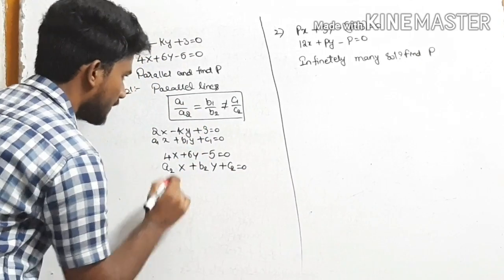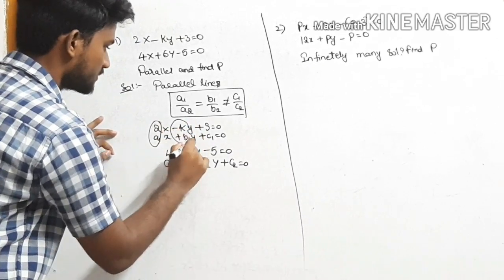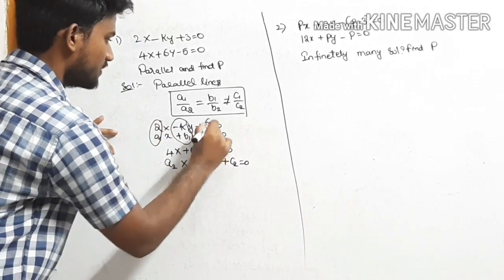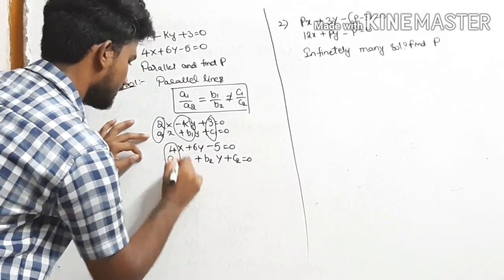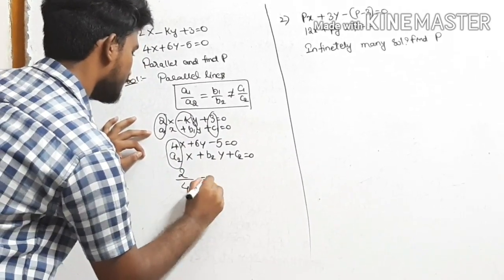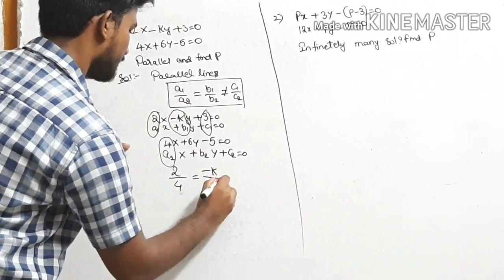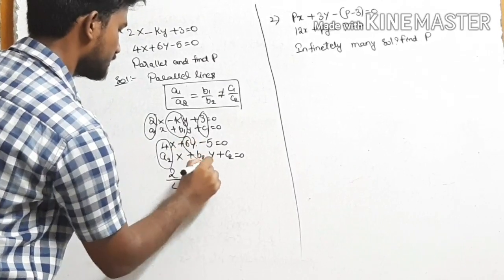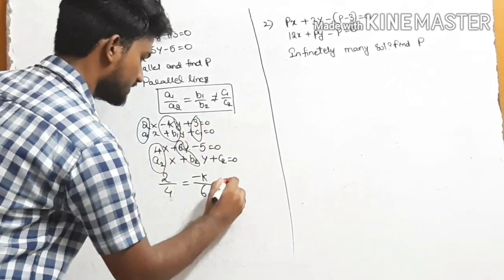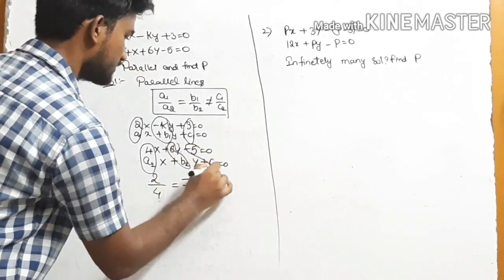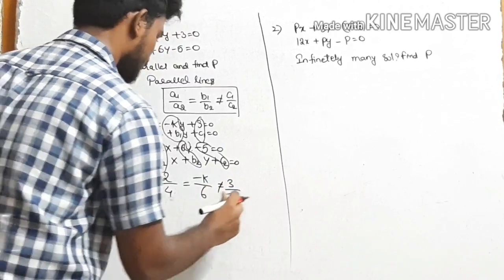By this formula, a1 is 2, b1 is minus k, and c1 is 3. a2 is 4, so 2 by 4 equals b1 which is minus k by b2 which is 6, equals c1 which is 3 by c2 which is minus 5. It is not equal.